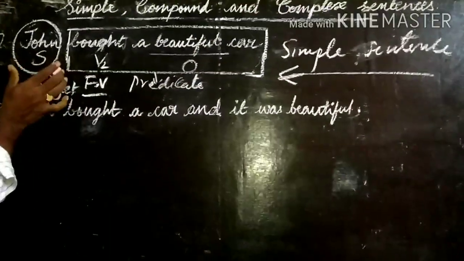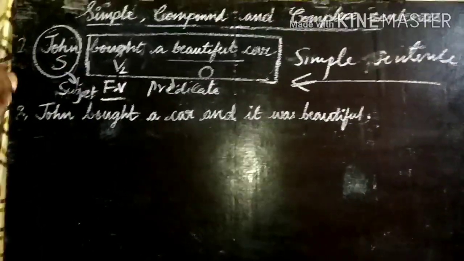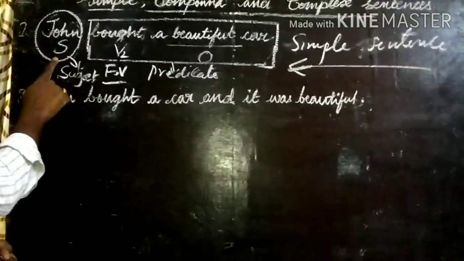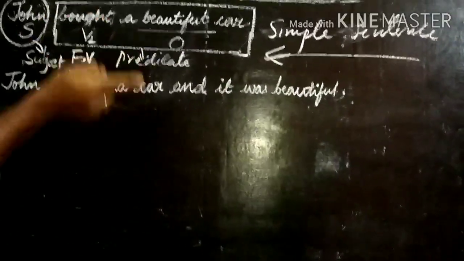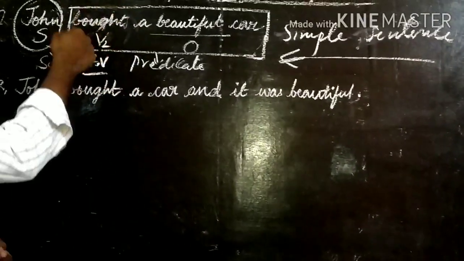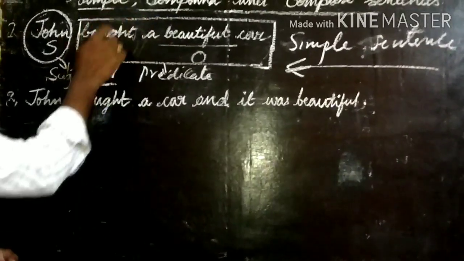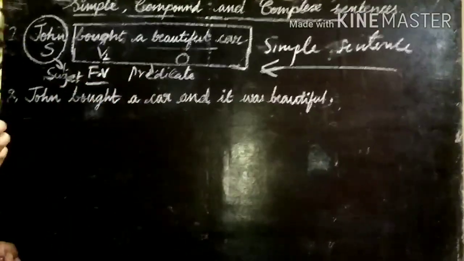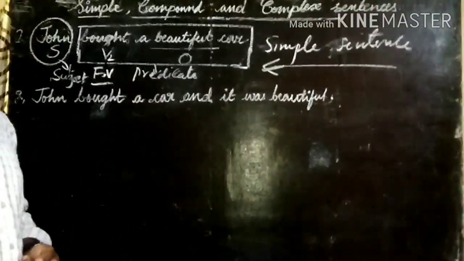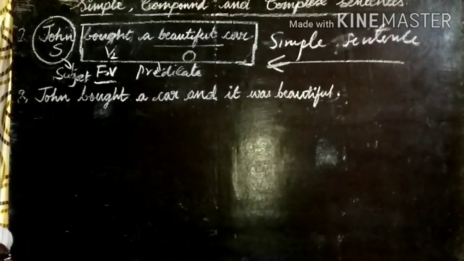This sentence consists of only one subject and one predicate. This predicate consists of only one finite verb. Already you have learned what a finite verb is and what non-finite verbs are, right?